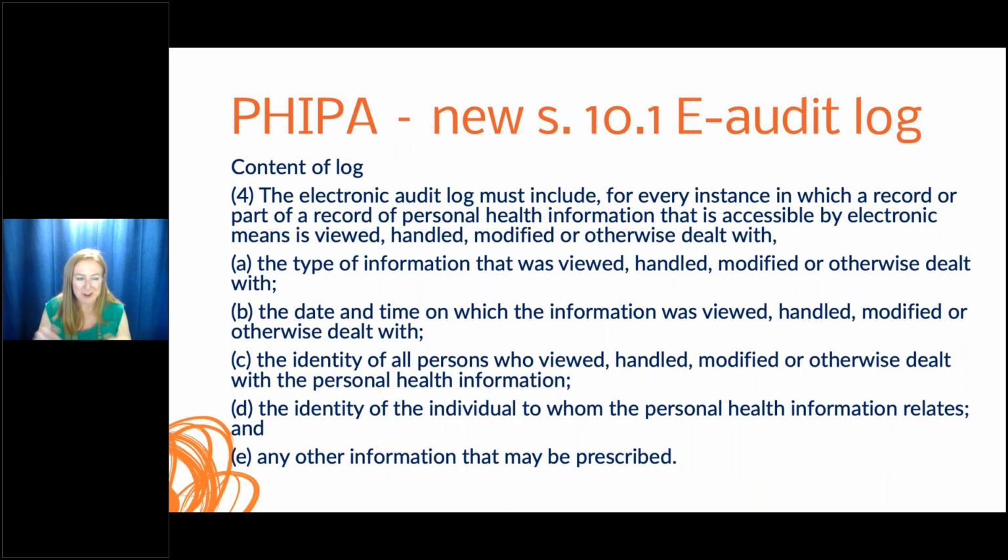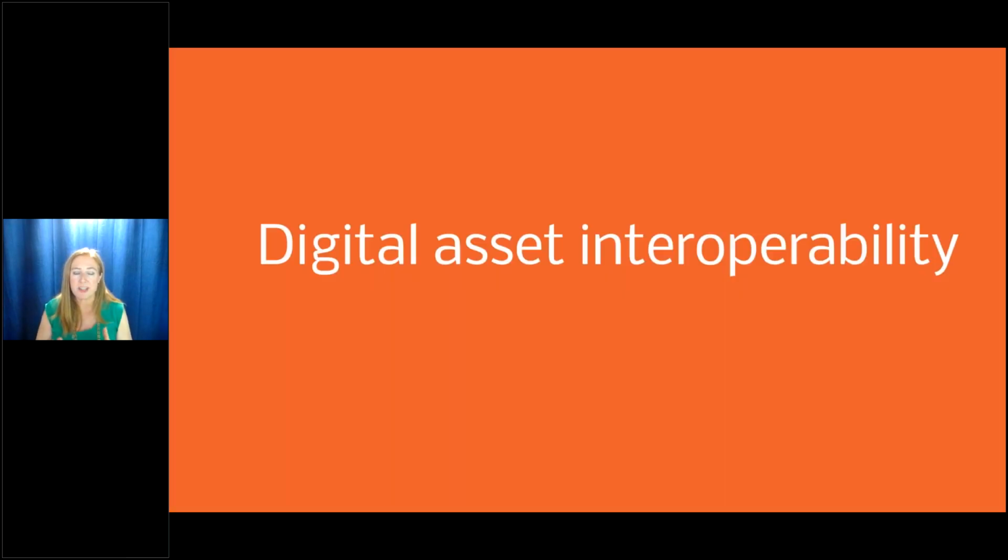I'm not going to read it out for you, but the idea is there's certain kinds of activities in your electronic systems that you have to log. So there's a technical component that information is being captured, and then you also have to monitor as an auditing function. So if you're a custodian, make sure you know about this update.